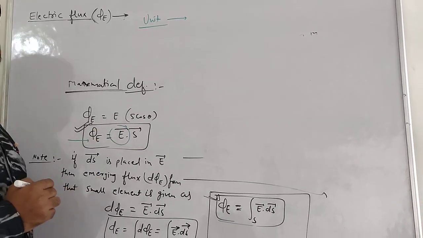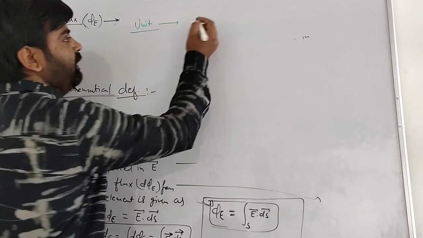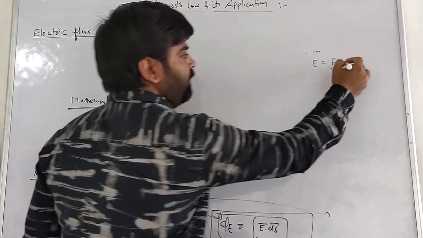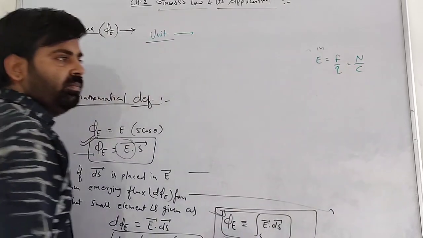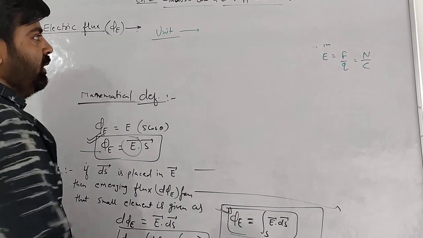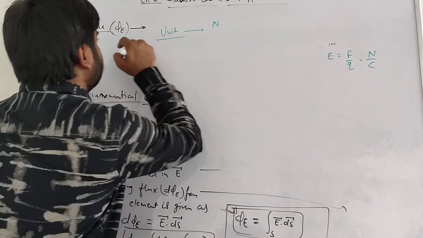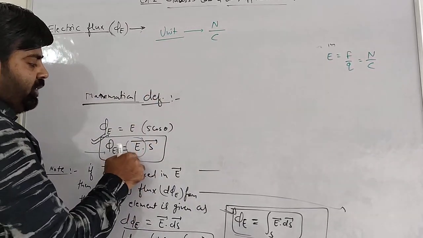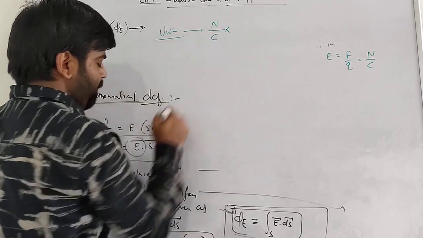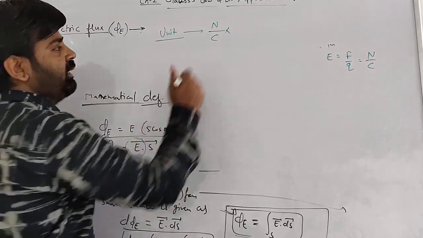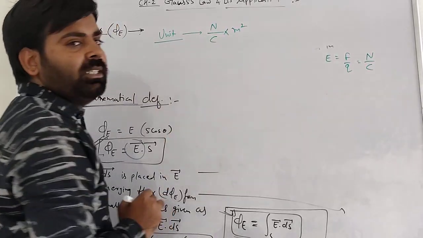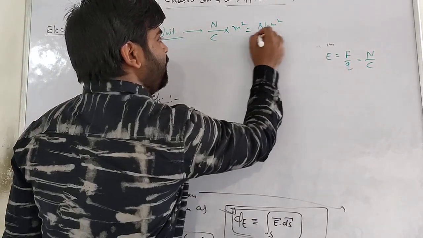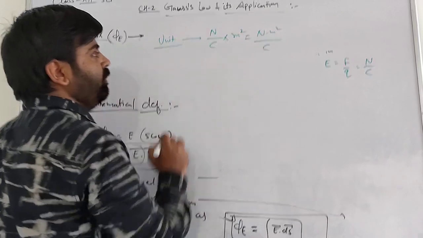The unit of electric field E is equal to F upon Q, so it is Newton per Coulomb. The unit of electric flux is Newton per Coulomb multiplied by meter square, so its unit is Newton meter square upon Coulomb.